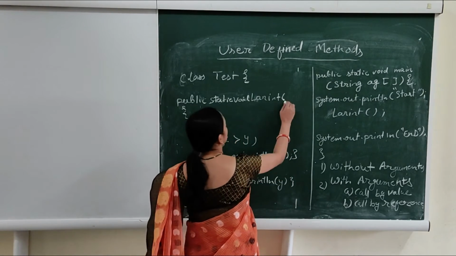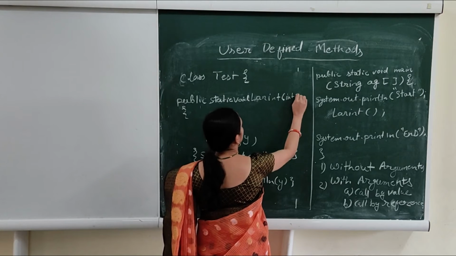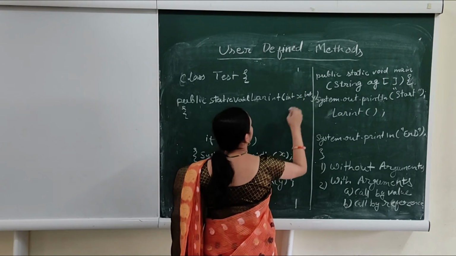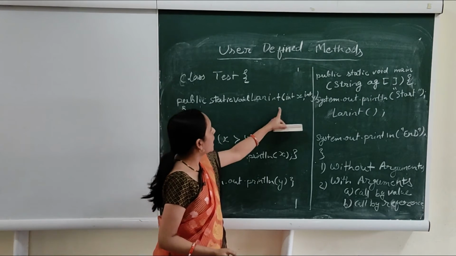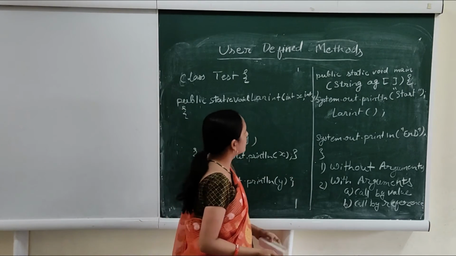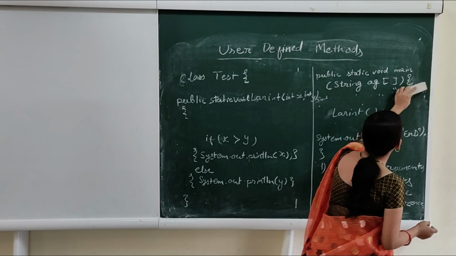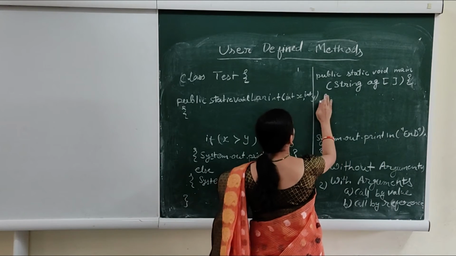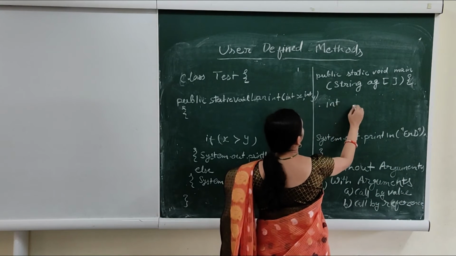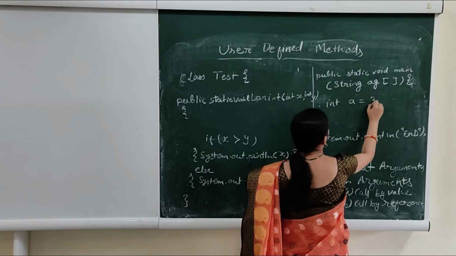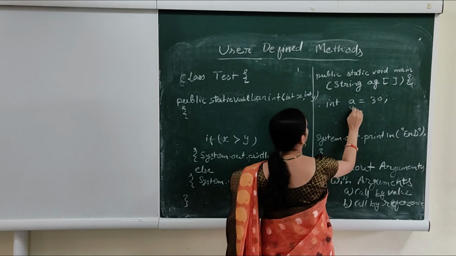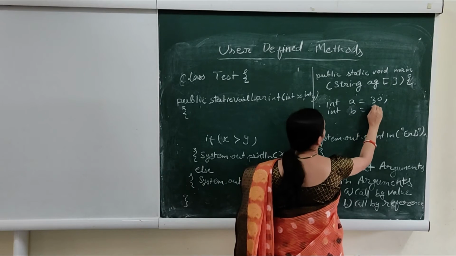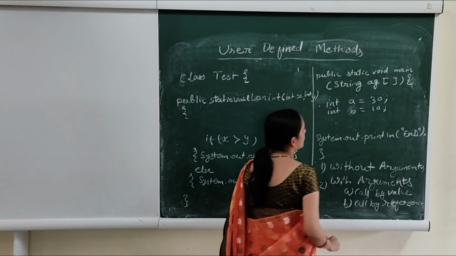Now this function will be accepting values. Here I am mentioning int x and int y, so it means this function will ask for 2 arguments from the user. Now here, I am declaring int a with value 30, and the same way b. Instead of that, as I told you, you can accept the value from the user.